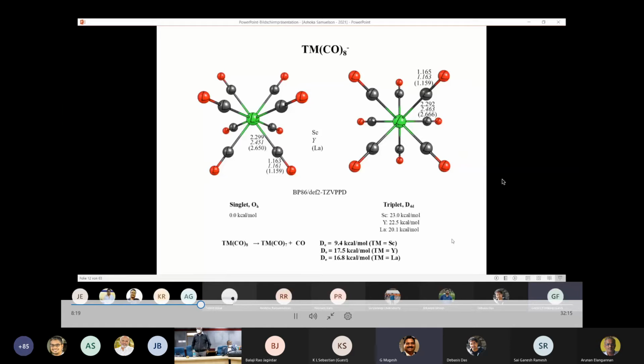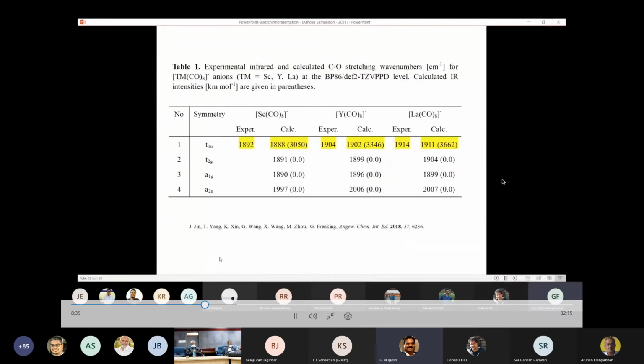That was surprising. The question was, does the 18-electron rule not hold for this system? We also calculated the vibrational spectra. There was perfect agreement with the experimental results for all these metals. No doubt about it. We published it.